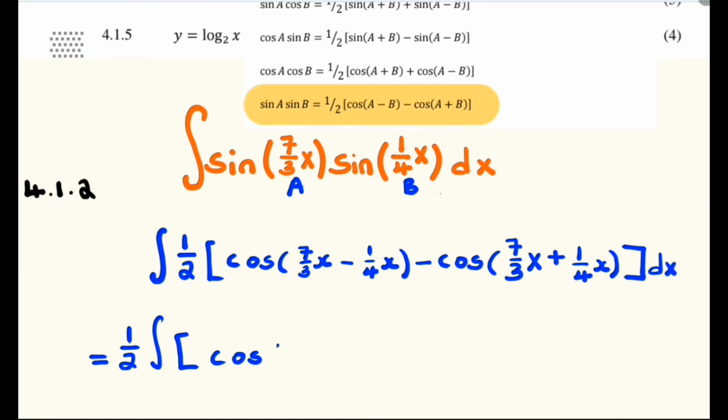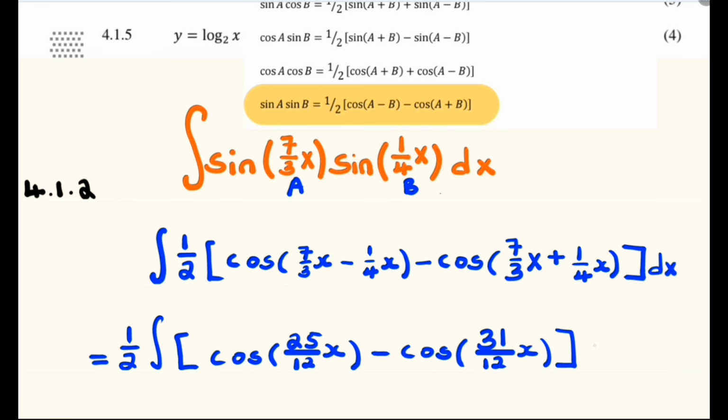the cos of 7 over 3x minus 1 over 4x will be equal to 25 divided by 12 multiplied by x, minus the cos of 7 over 3x plus 1 over 4x, which is equal to 31 divided by 12 x, dx.